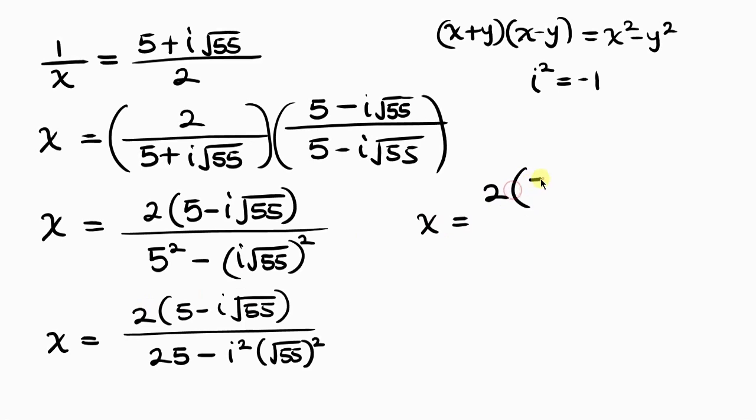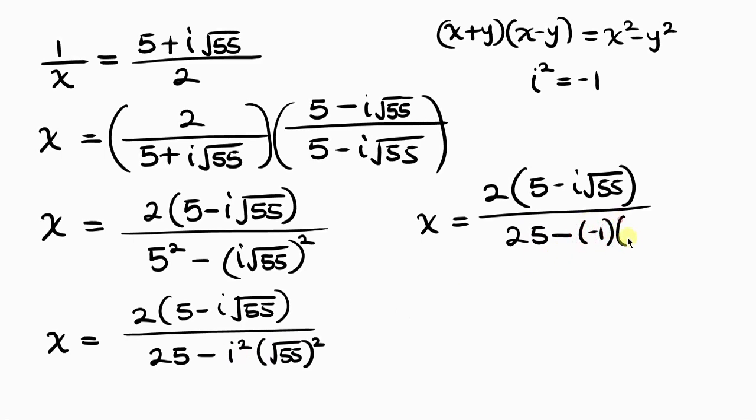So that means x now becomes 2 times 5 minus i root 55 all over, we have 25 here, minus, remember this is -1, so I'm going to be putting -1 there, times, now watch, this square can cancel off the square roots, leaving behind 55.